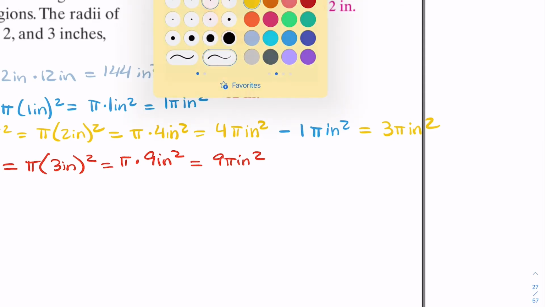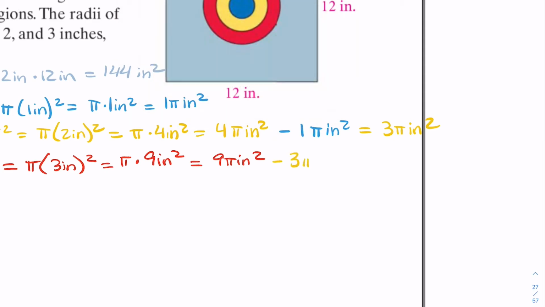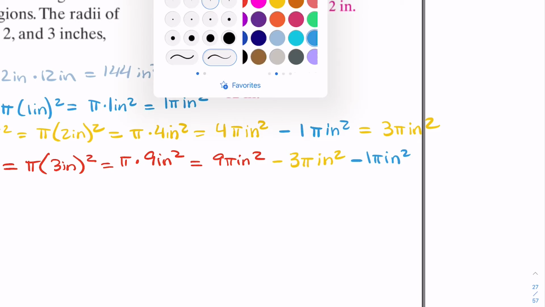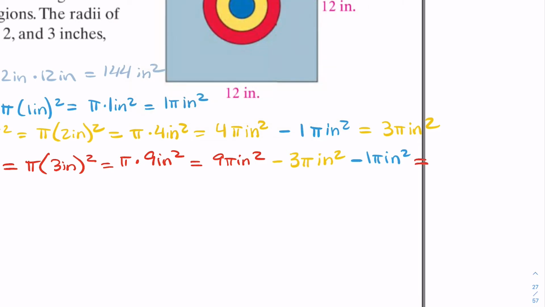Let's take away the 3 pi inches squared, and then we'll take away the 1 pi inches squared. Again, I could have just taken away 4 pi, but I did it separately just to show you what's going on. I'm taking both away. So 9 minus 3 minus 1 is 5. Right, 9, 8, 7, 6, 5. So 5 pi inches squared.